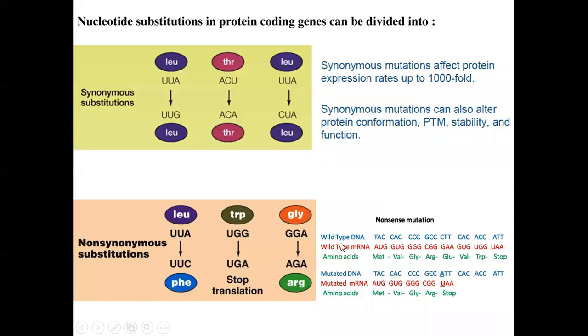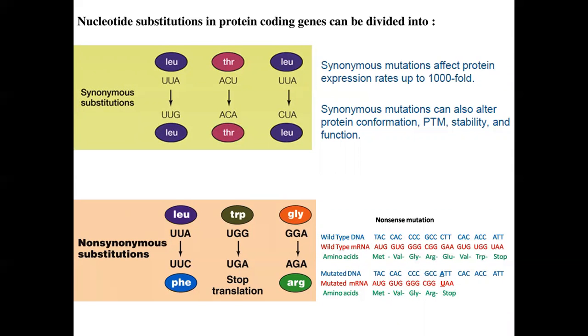In this example, this is the wild type DNA and this is the wild type messenger RNA. These are the amino acids. In the mutated RNA, when there is a stop codon, there is no further increase in the protein amino acids. So here it gets terminated, where the stop codon appears. This is just for information, but what is related to our topic is synonymous substitution.